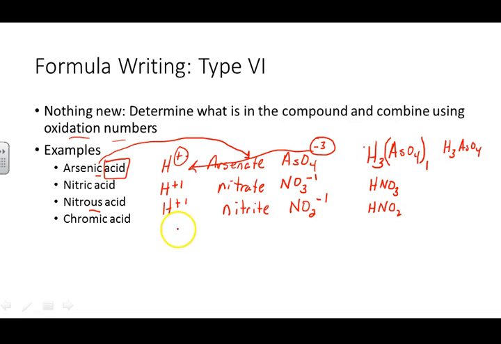Chromic acid. We have hydrogen, +1, coming from the word acid. Chromic came from chromate, which is CrO4. Look that up, it's got a -2 charge. So our 2 is coming here. 1 is coming there. So we've got H2CrO4.